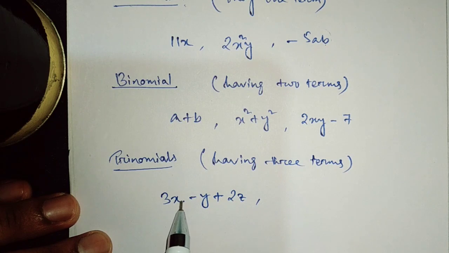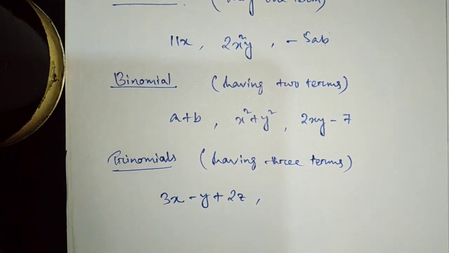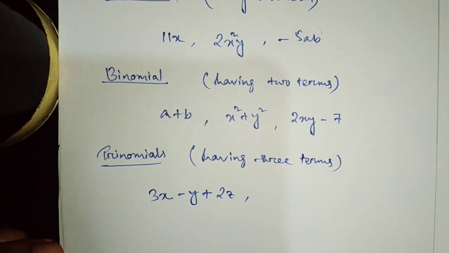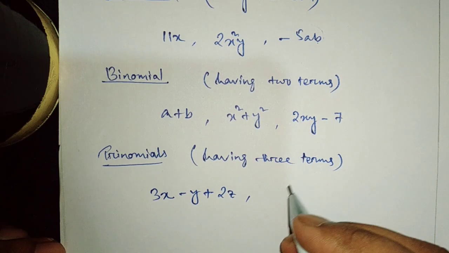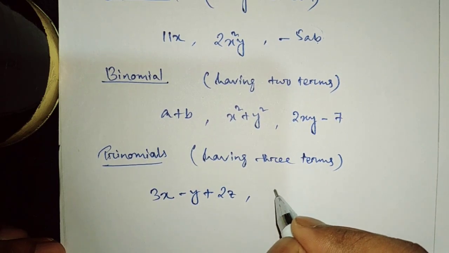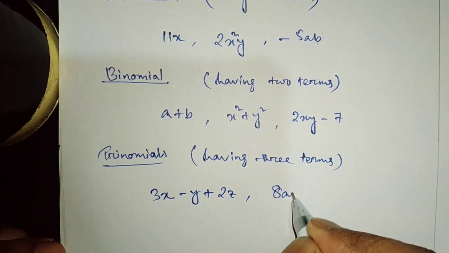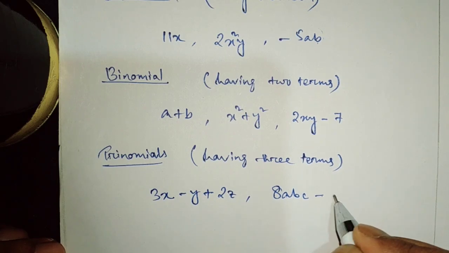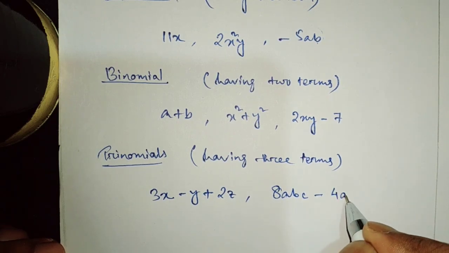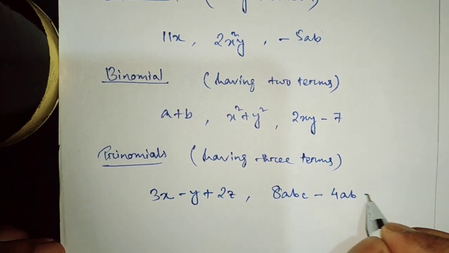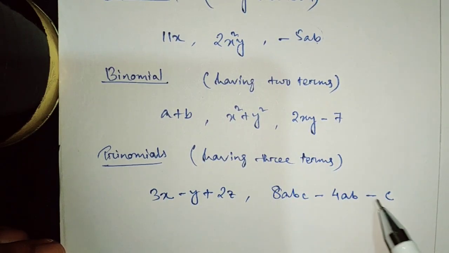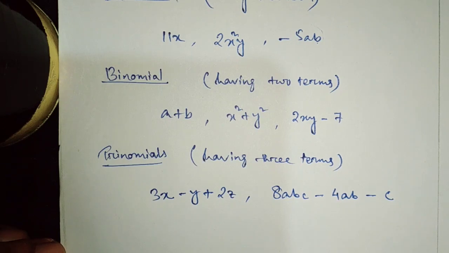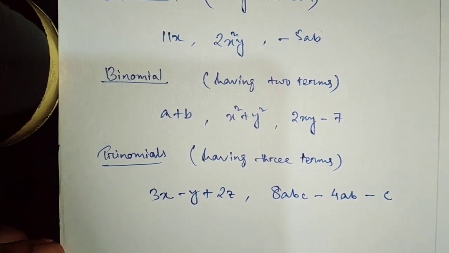This has three terms, no? 3x, y and 2z. So this is a trinomial. Say one more example you can take, say 8abc minus 4ab minus c. They have three terms. These are called trinomials.